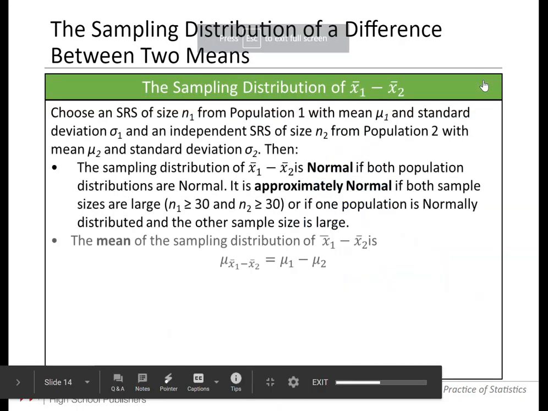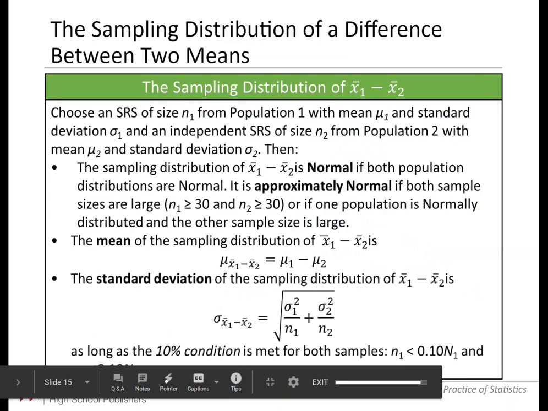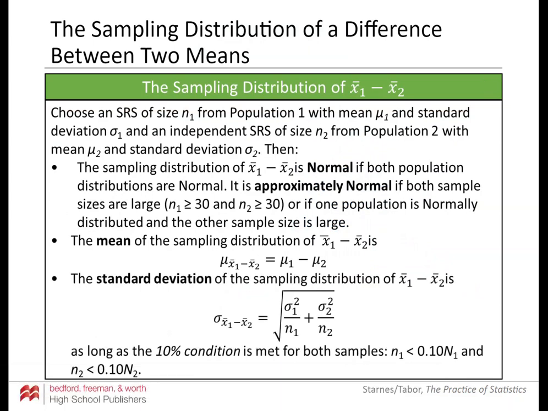So, for the sampling distribution of x bar 1 minus x bar 2, if you have a simple random sample of size n1 from population 1 with a mean mu1 and standard deviation sigma 1, and an independent random sample of size n2 from population 2 with a mean of mu2 and a standard deviation of sigma 2, then we know that the sampling distribution of x bar 1 minus x bar 2 is normal if both population distributions are normal, and it's approximately normal if both sample sizes are large, meaning greater than or equal to 30.